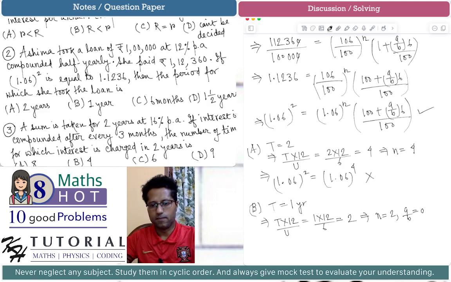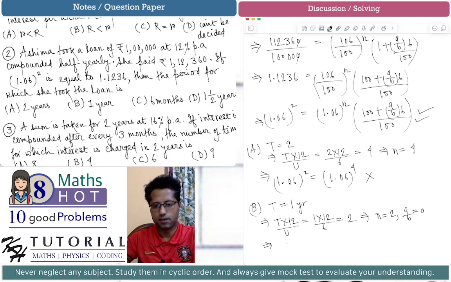Now we are just trying out all the given choices and seeing whether the value of t in the given choices satisfies this equation or not. If it satisfies, then that choice will be correct. So if t equals 1 year, we are having n equals 2 and the fractional part is 0.